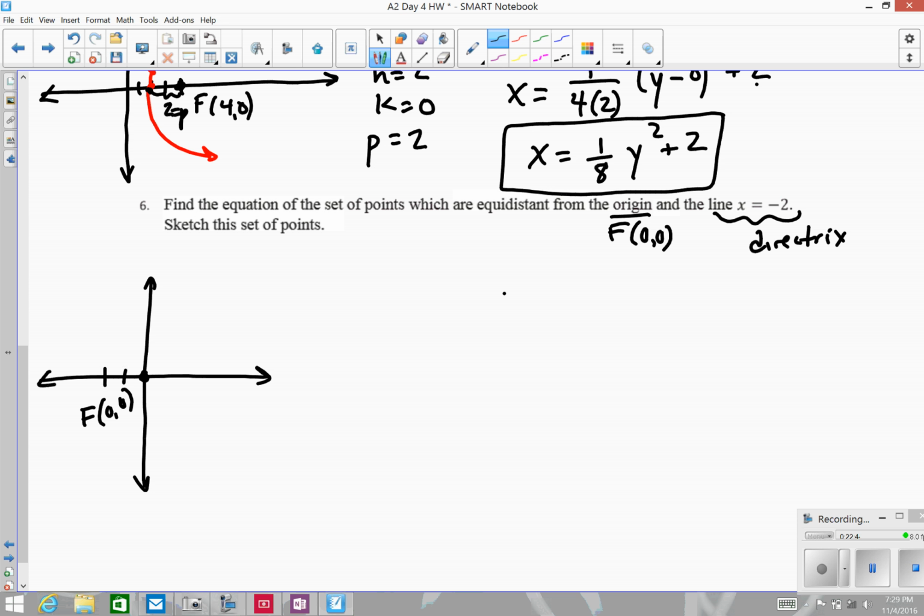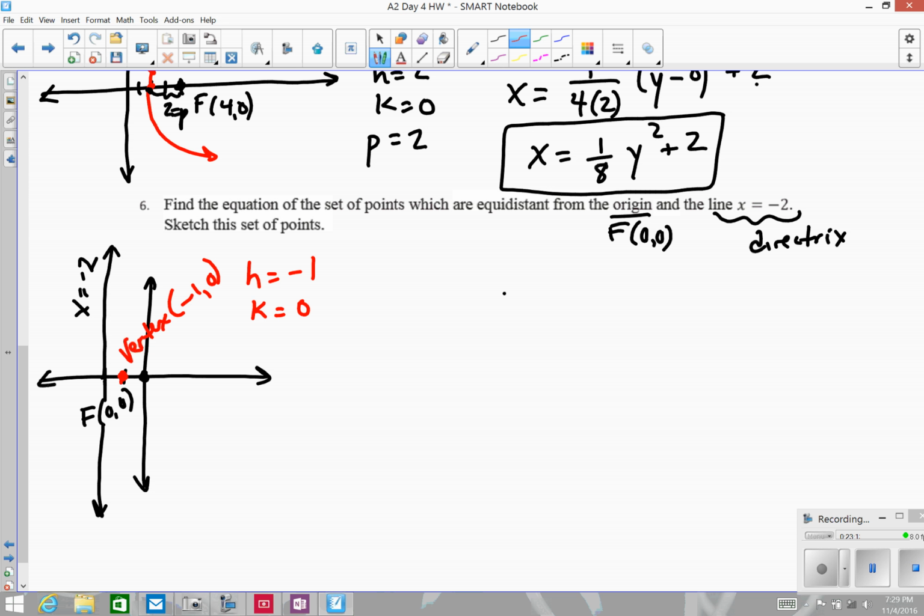So where x is negative 2, I have the directrix. A point right in between those looks like it's going to be at the coordinates negative 1, 0. There's the vertex, which means h equals negative 1, k equals 0.